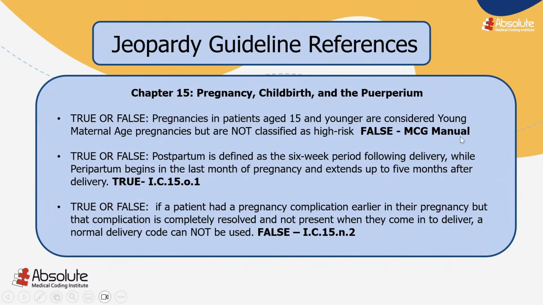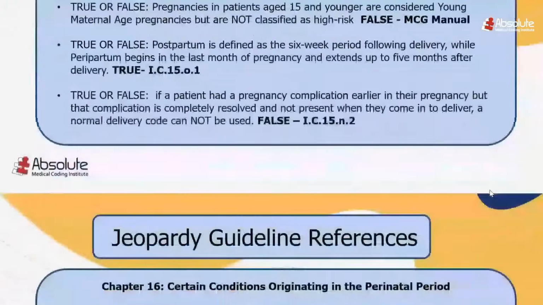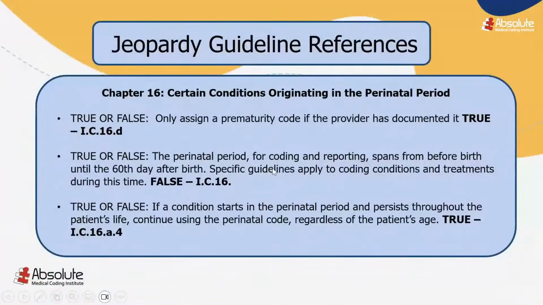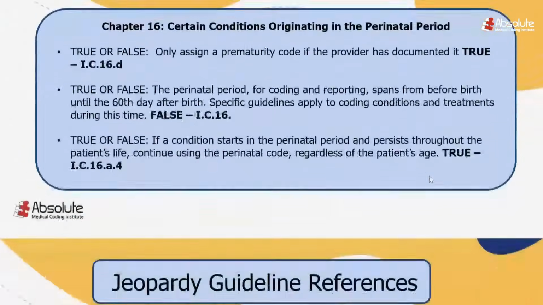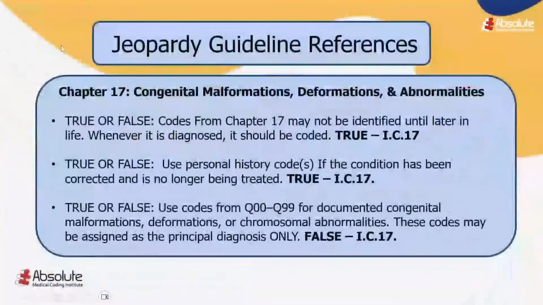This one says MCG manual just because I specifically got this wording from the MCG manual. It didn't have a specific number, so that is why it says that, just to clear up any confusion. This is from our chapter 16, certain conditions originating in the perinatal period. And then last but not least, this is from our chapter 17, congenital malformations, deformations, and chromosomal abnormalities.